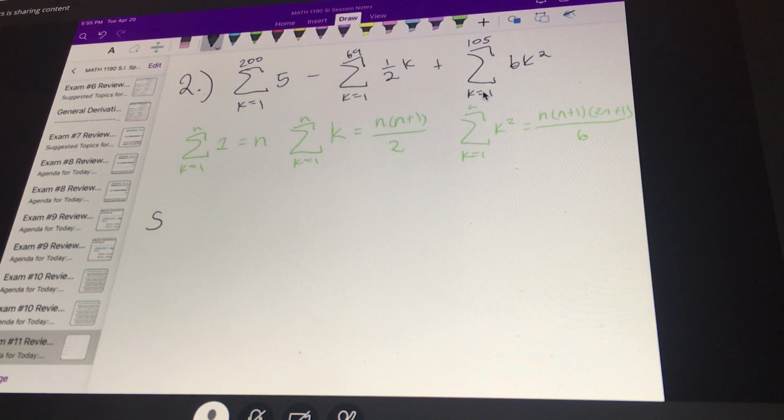They might have briefly, but I really don't think he's going to give you one where the k doesn't start at 1 or 0, and if it starts at 0, it really doesn't make that much of a difference.